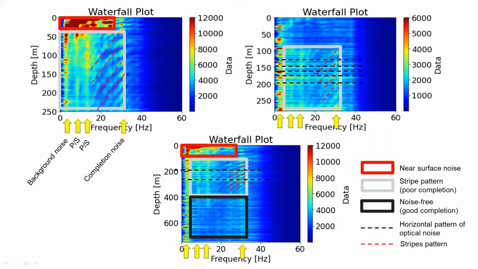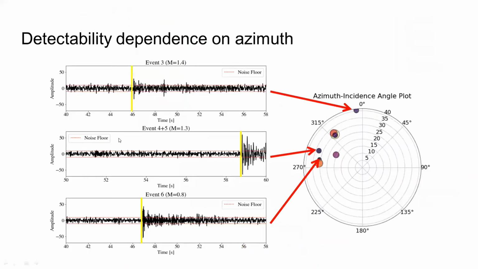Then there is a shallow noise here, which is because of near surface noise. We can see the four corner frequencies, where here is the background noise and the PS arrival, and the completion noise is the highest noise in this data.